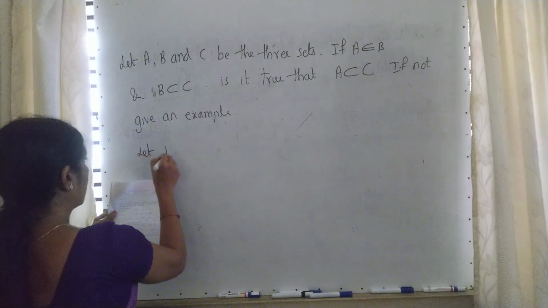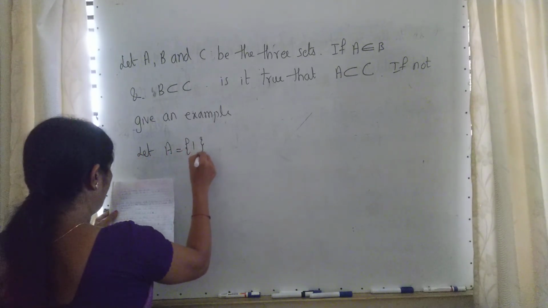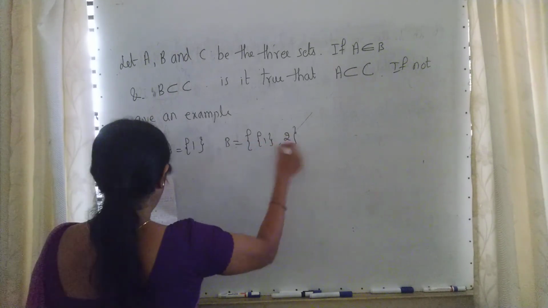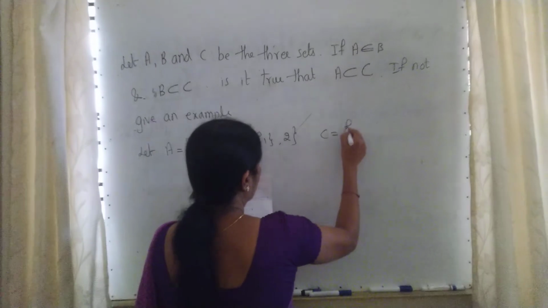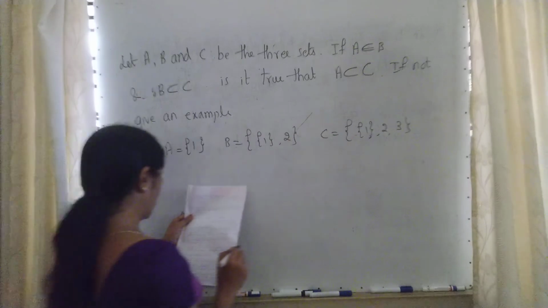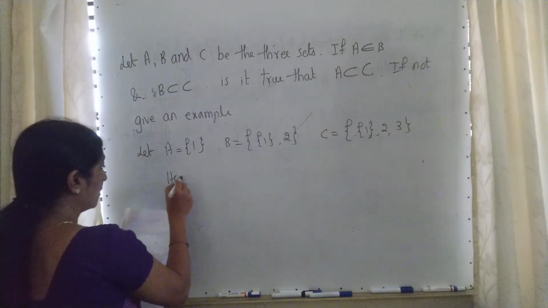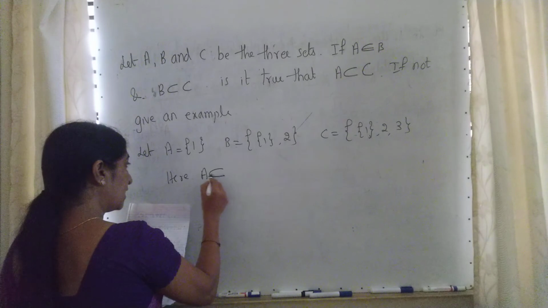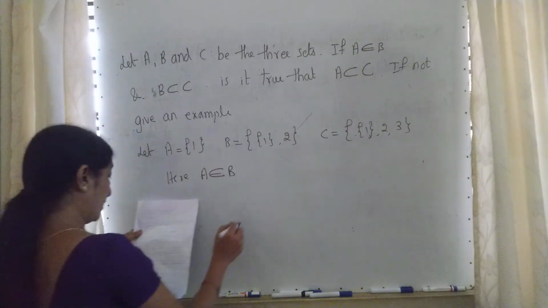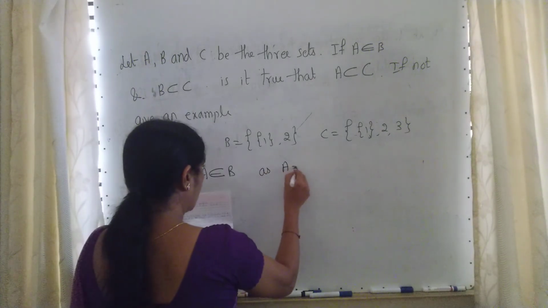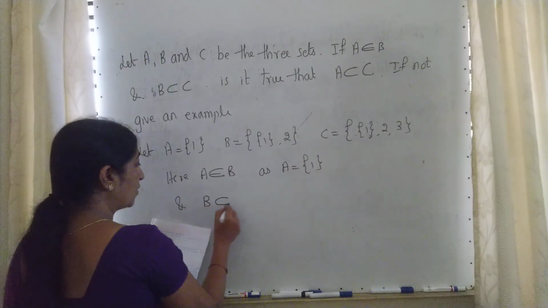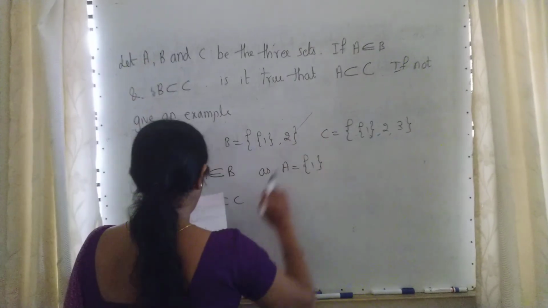Here, let A be {1}. B is, note carefully, {A}, and C I am writing as well. Here what you are observing? We are observing A is an element of B, as A is equal to 1, and B is a subset of C. This element is there and this element is there.